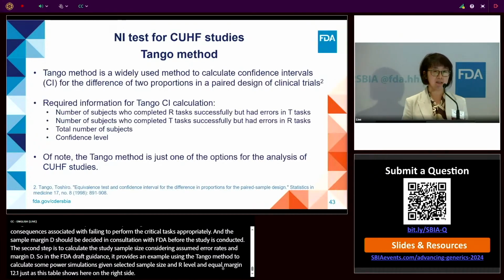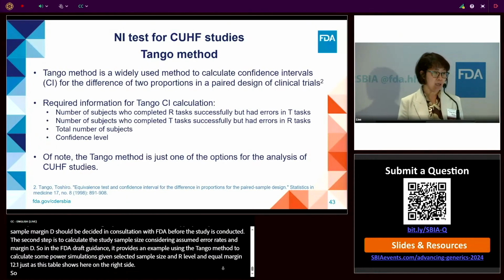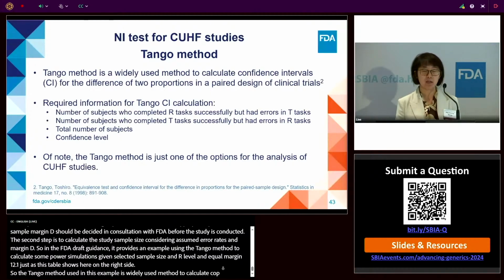The Tango method used in this example is a widely used method to calculate confidence intervals for the differences of two proportions in a paired design of clinical trials.